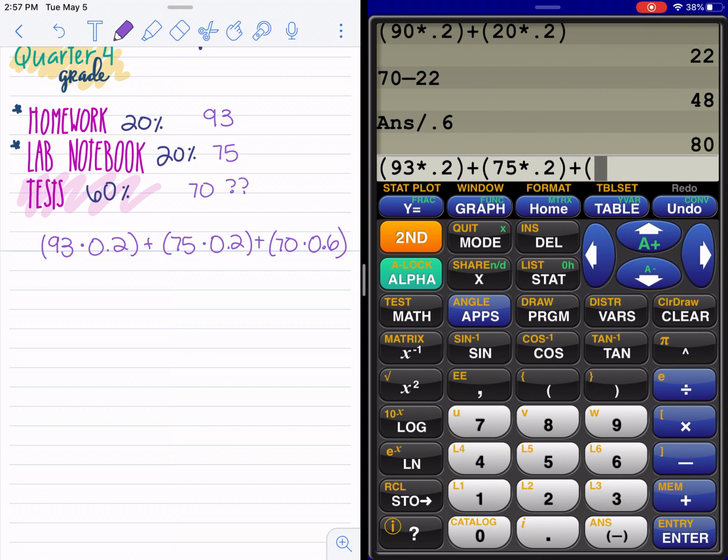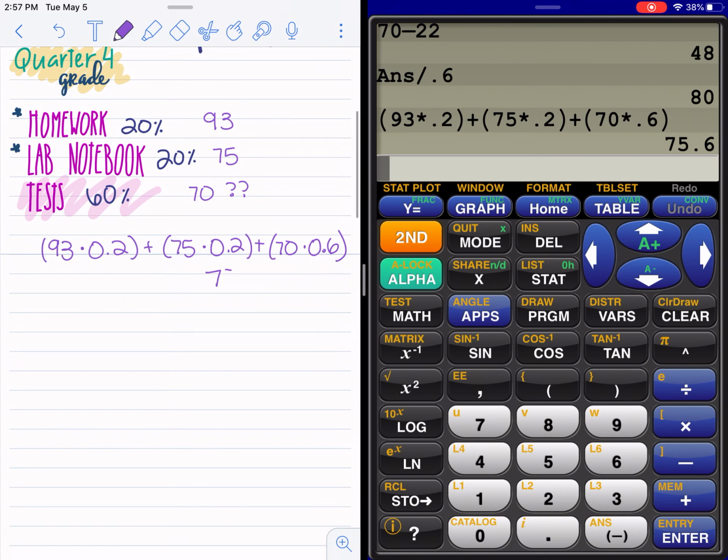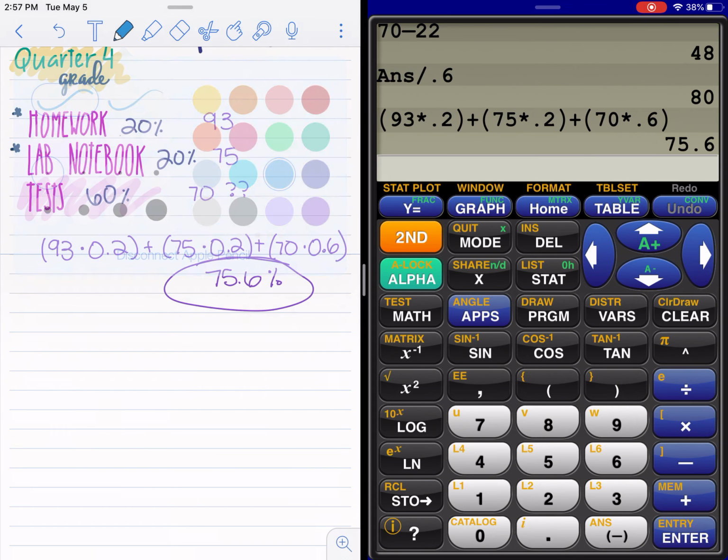And again, in this scenario, you are guessing your project grade, so that your one and only test grade is a project. And so you would end the year with a fourth quarter grade of a 75.6.